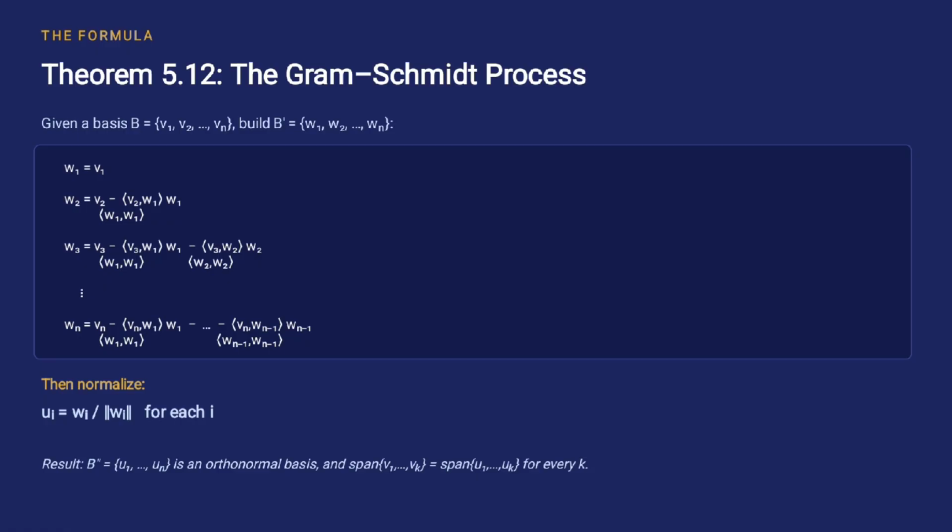This slide shows the complete formula for the Gram-Schmidt process. The first vector stays the same. The second vector is obtained by subtracting its projection onto the first vector. The third vector subtracts its projections onto both the first and second vectors.